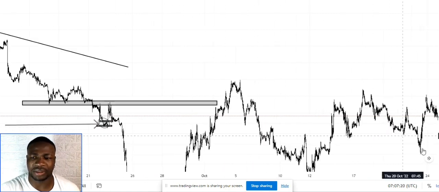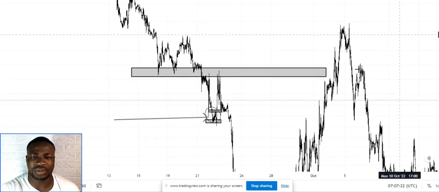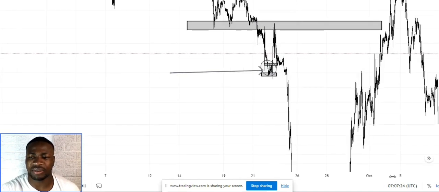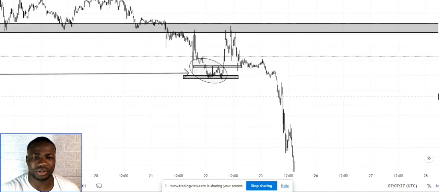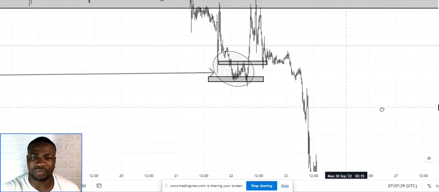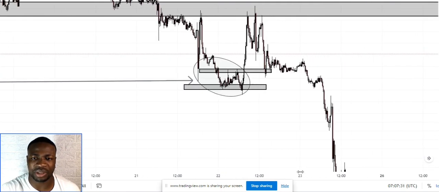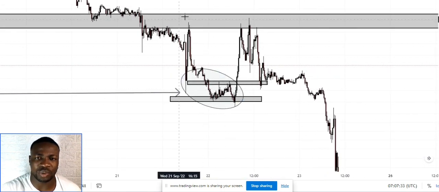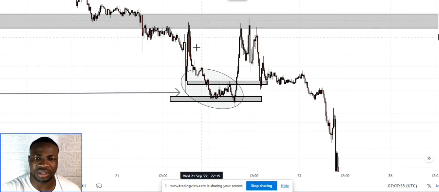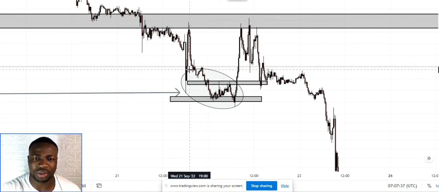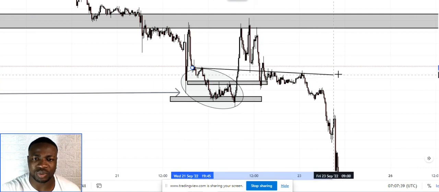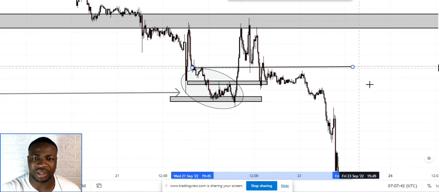So scaling down, we can then start to see here what we have is structures being created. Obviously, if you have a range, you want to see a break and retest of that range. In this situation, you can see that, in this area, this is the most important area for us because that's the most recent lower high that was created.